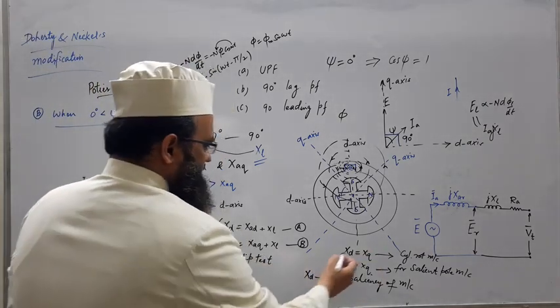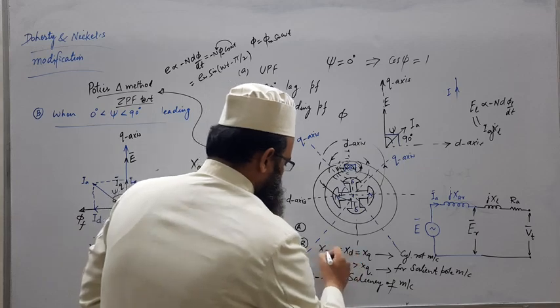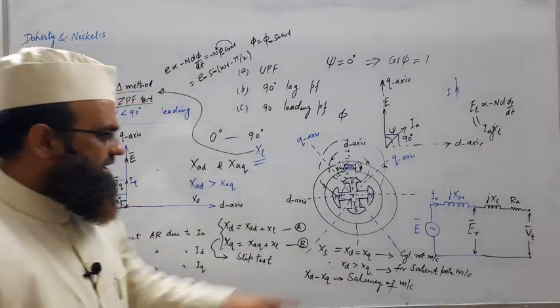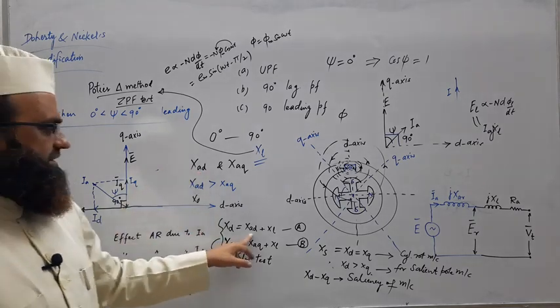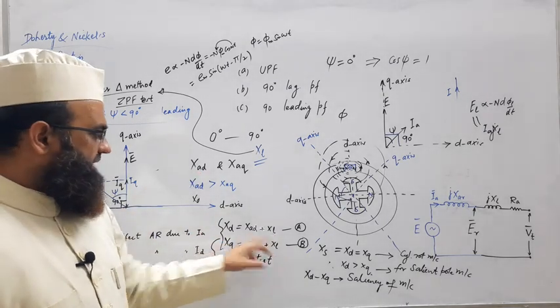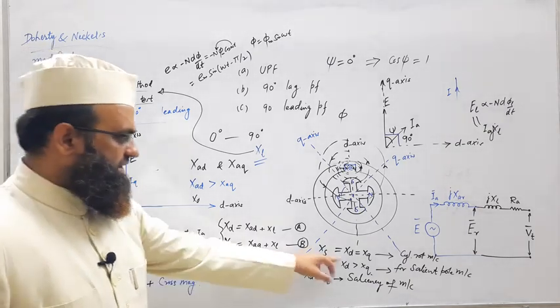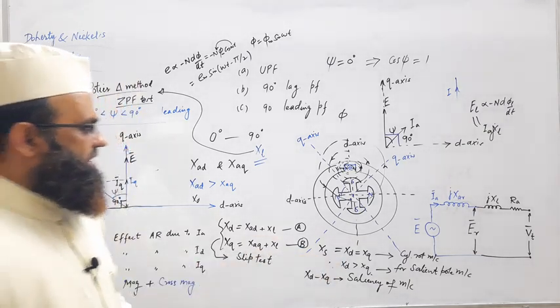So for cylindrical we may represent it by XS. Remember that XD is nothing but XAD plus XL, XQ is XAQ plus XL, and this is XS.